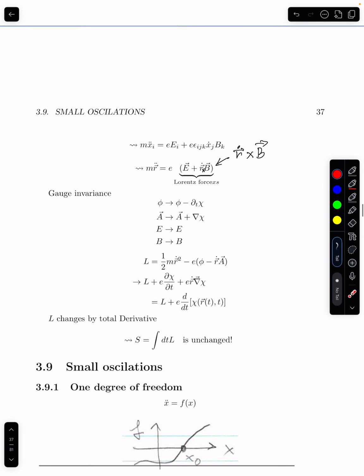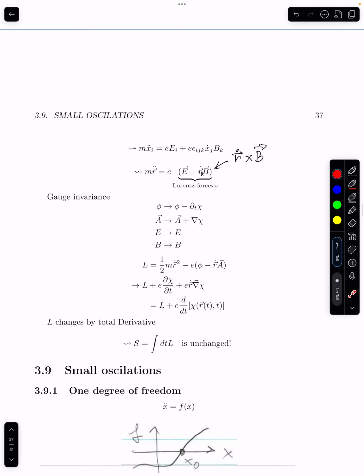By the way, this Lagrangian has an interesting symmetry. Just a reminder on the gauge symmetry: if you transform the scalar field and the vector field at the same time by following this rule, then electric and magnetic field do not change. So that's the gauge symmetry.